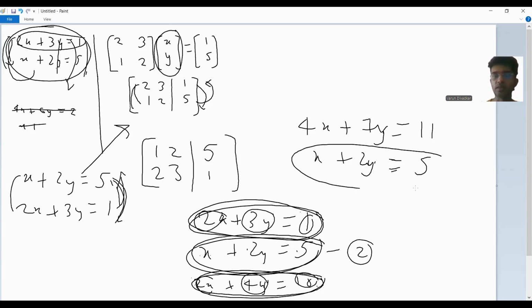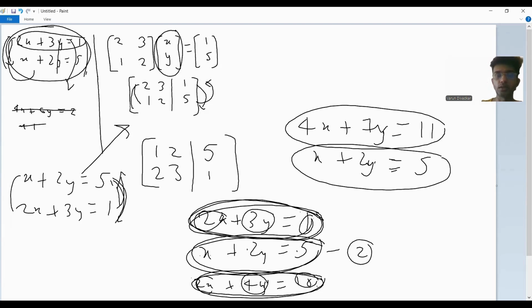The bottom one remains the same, whereas the top one is nothing else but the first equation plus twice the second equation. So row 1 gets transformed to row 1 plus twice row 2. That's a transformation.